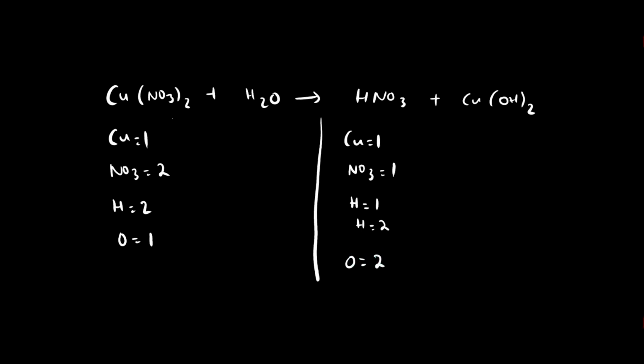So the copper is balanced. The nitrate, those are not balanced. So in order to balance the nitrate, least common multiple of 2 and 1 is 2. So we need to introduce a coefficient of 2 in front of the hydrogen nitrate.